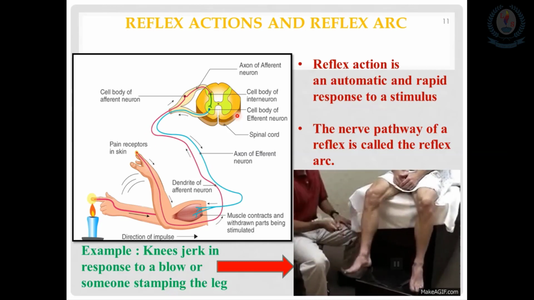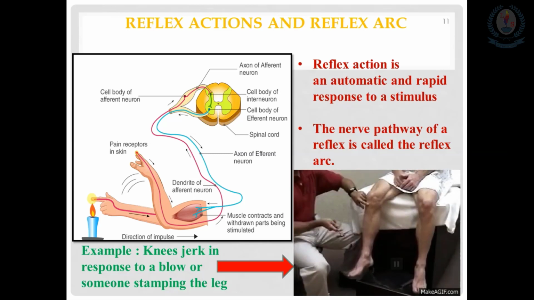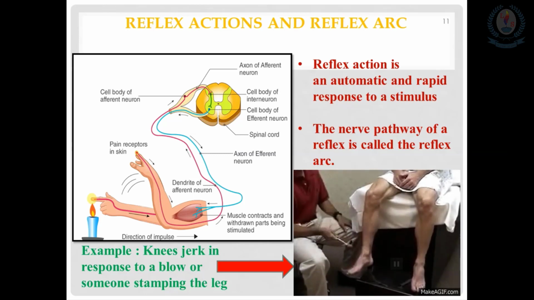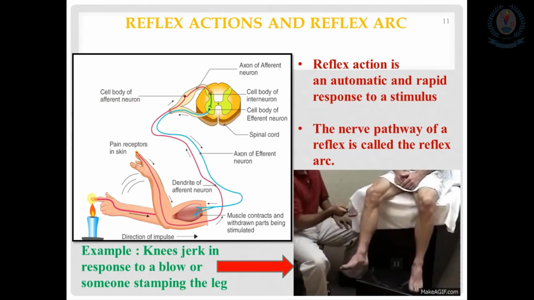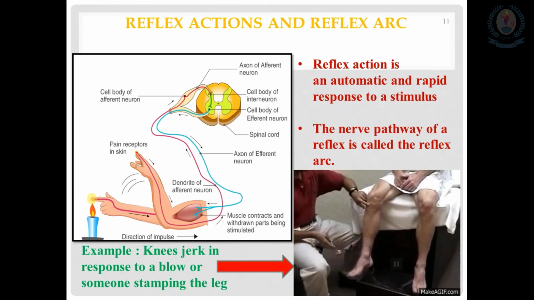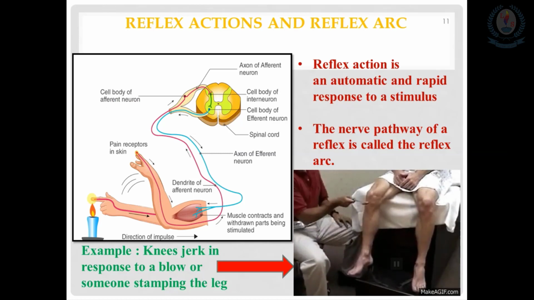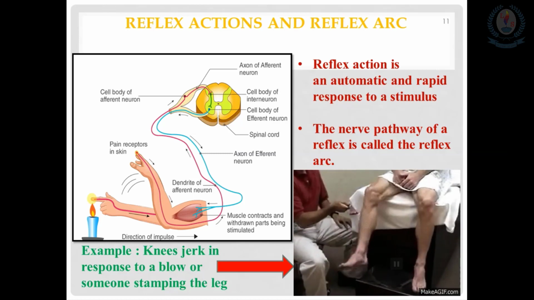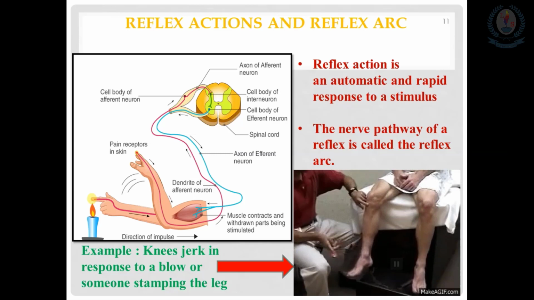In this case, it's the spinal cord. Afferent neuron is also known as the sensory neuron. Remember that these sensory neurons are connected to receptors, and receptors allow us to sense our environment. At the end of the sensory neuron, there is a synapse.